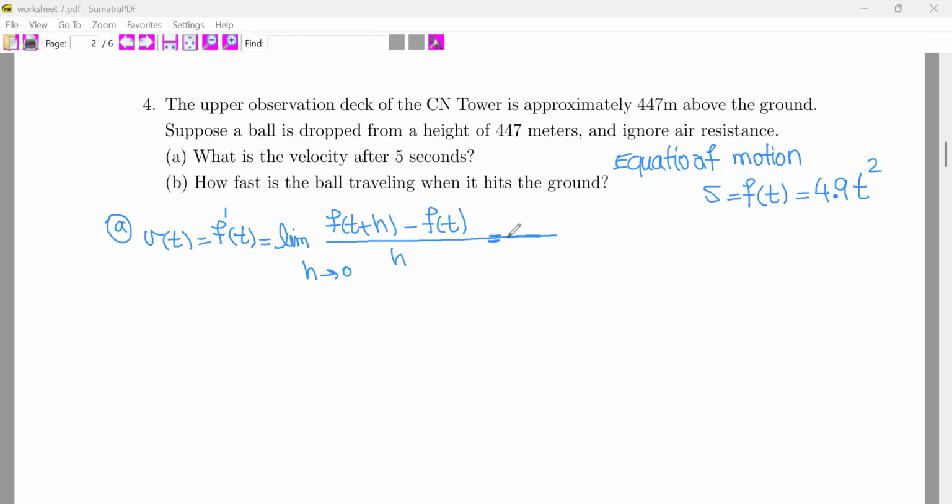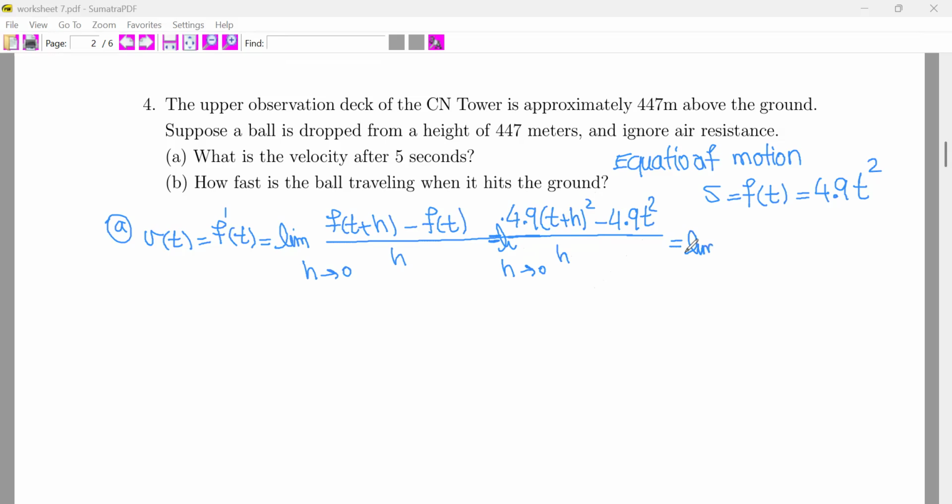And we would get, instead of f of t plus h, 4.9 times t plus h squared minus 4.9 t squared over h when h is approaching 0. Of course, we have the limit here.